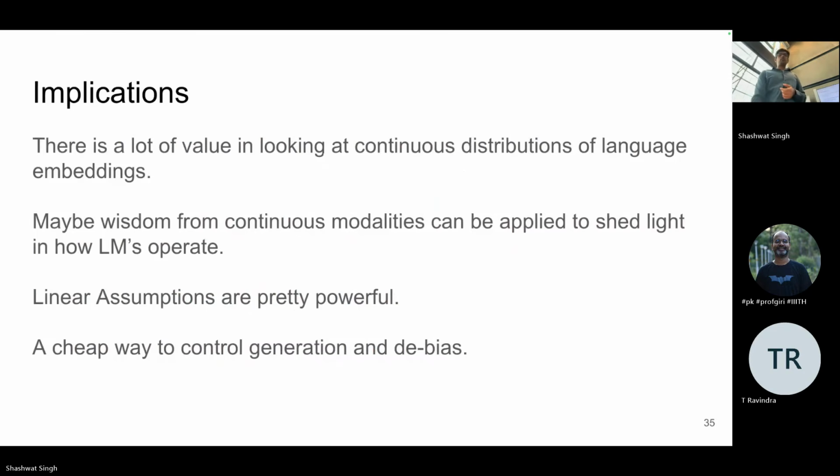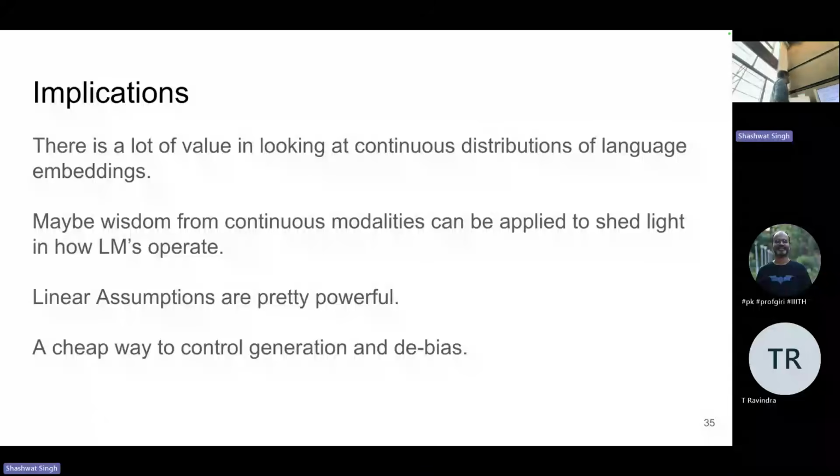Yeah. So now I come towards the end of my talk, which is where we talk about larger implications of what we have discovered. And the primary philosophical thing here is just that there's a lot of value in looking at continuous distributions of language embeddings, because sentences are weird and very chunky, but as soon as you're in the embedding space, you get a lot of flexibility.